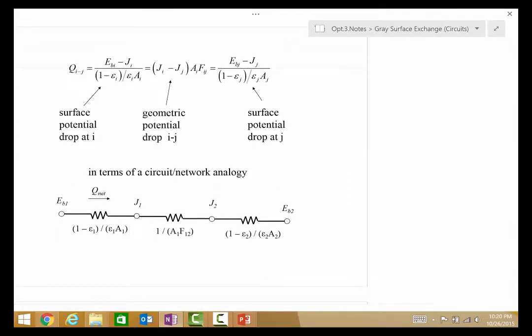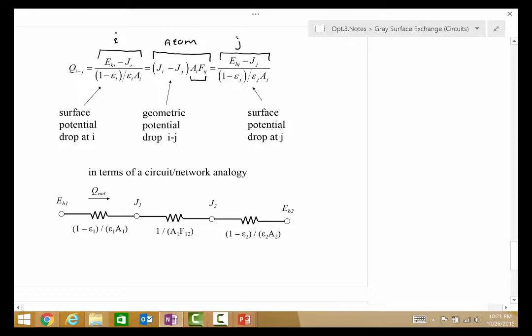For these non-black surfaces, for these gray diffuse surfaces, we have an expression for Q in terms of the potential difference on surface i, the difference in potential between surface i and surface j, and the geometric resistance, and the potential drop divided by the surface resistance of surface j. So this is surface i, this is geometry, this is surface j.